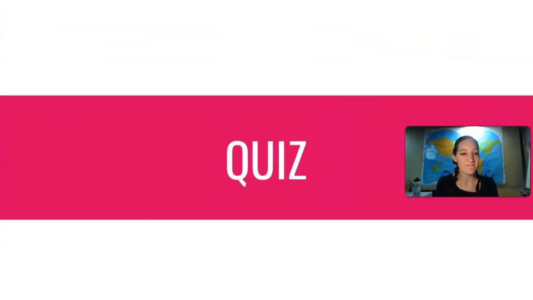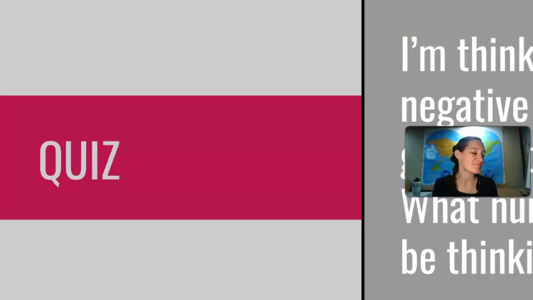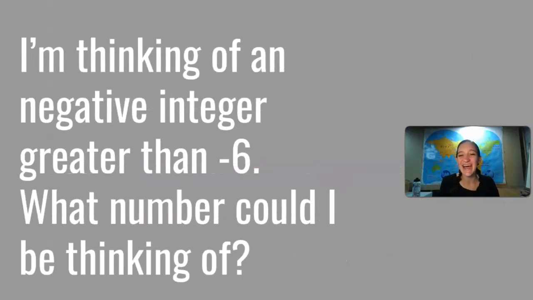Okay, now for some quiz time. I am thinking of a negative integer that is greater than -6. What number could I be thinking of? Negative. So it has to be left of 0.